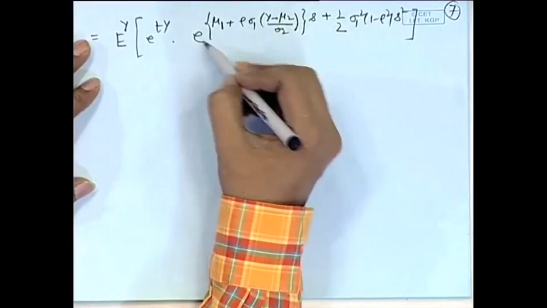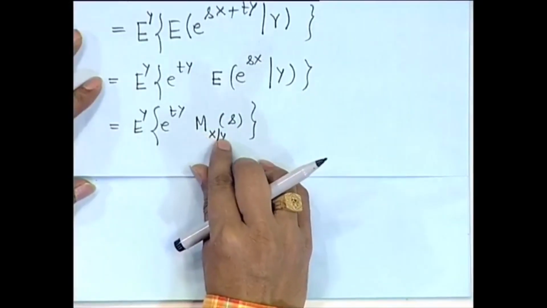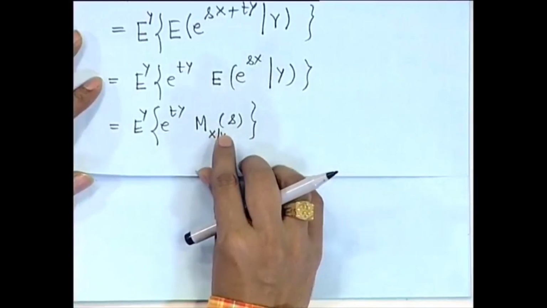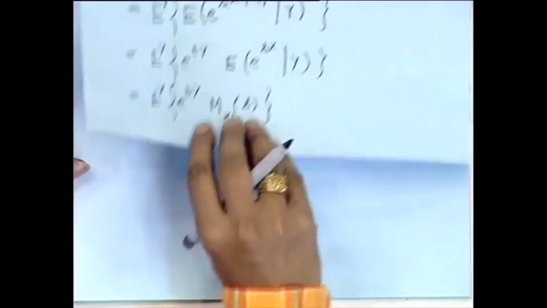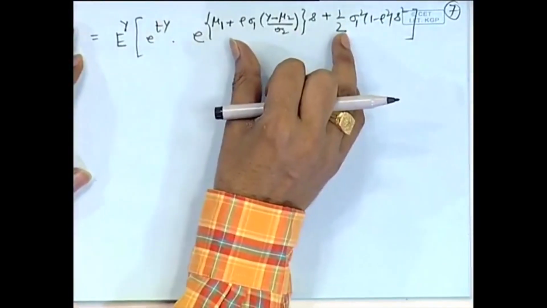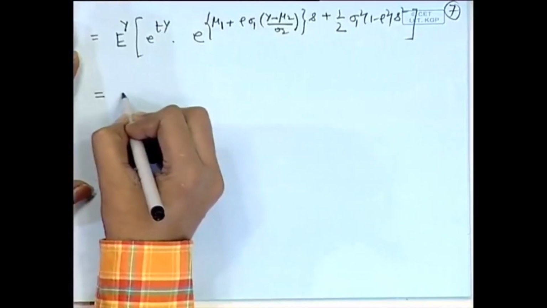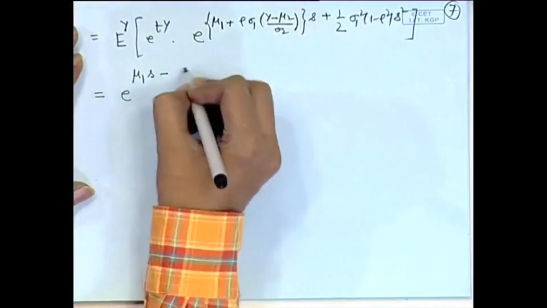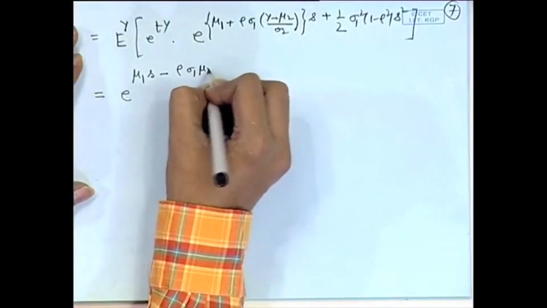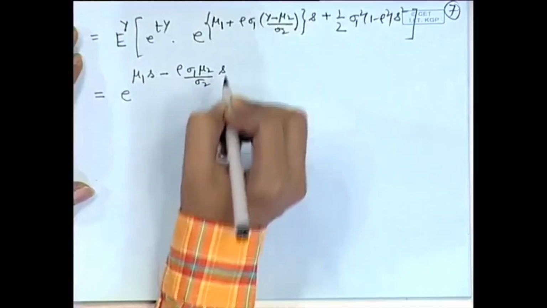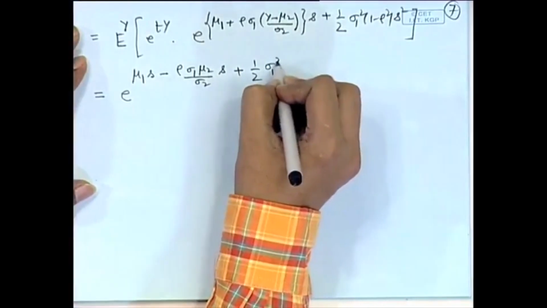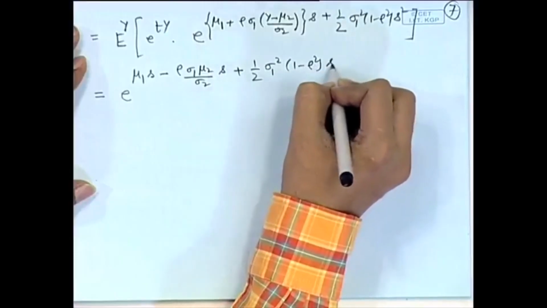So, this is the value coming after substituting the moment generating function of the conditional distribution of X given Y, which is univariate normal, and therefore the form is known to us. Now, here there are certain constant terms and we can separate them out: e to the power (mu 1 s minus rho sigma 1 mu 2 by sigma 2 s plus half sigma 1 square (1 minus rho square) s square).